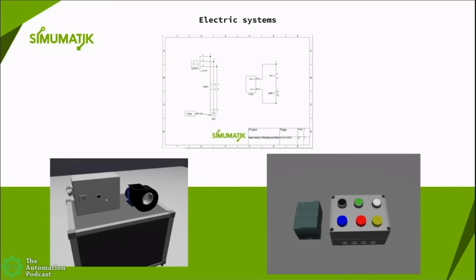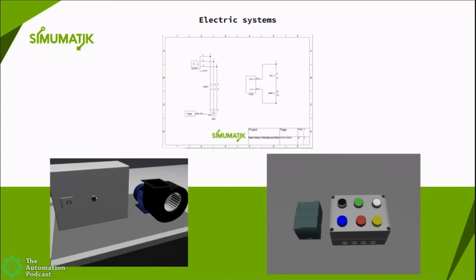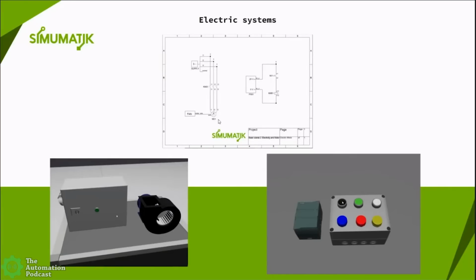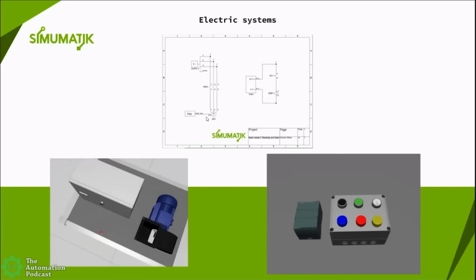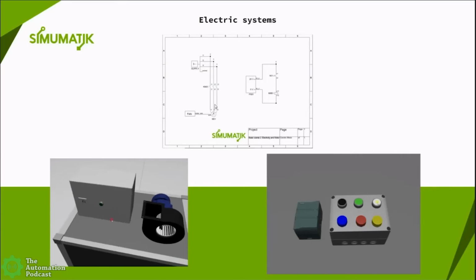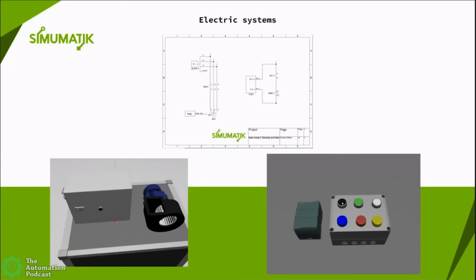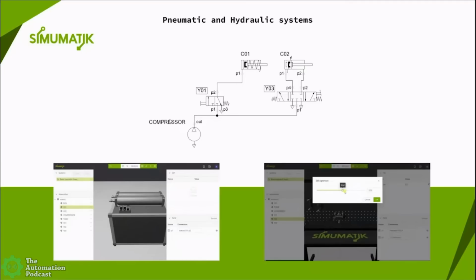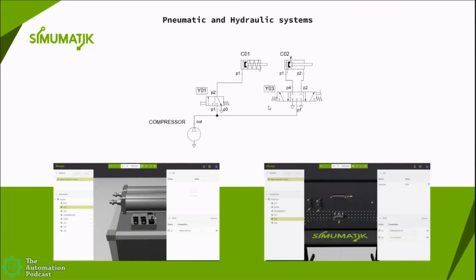Actually, in Simumatic, you can make the connections between the components, creating the schematics. So you drag and drop the components, then you see the components in a schematic picture, and then you just drag and drop the connections of the cables to make everything work as you want. So you can do it with electrical systems, you can do it with pneumatic systems and hydraulic systems.